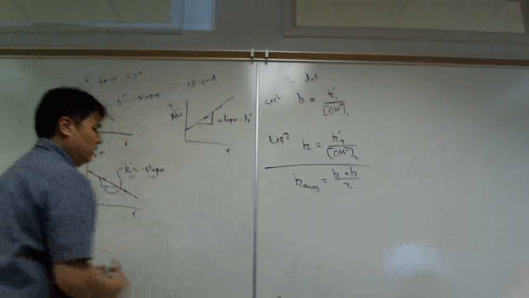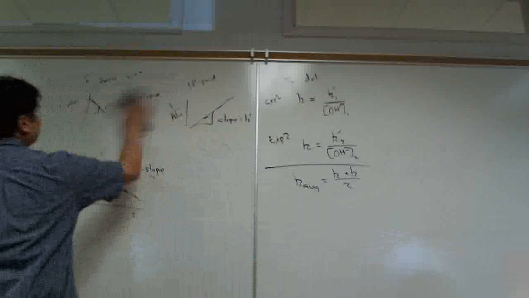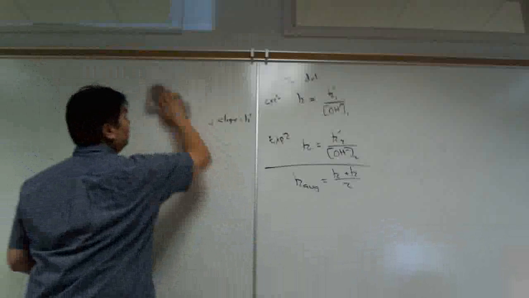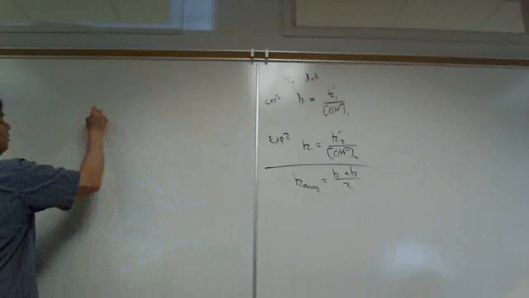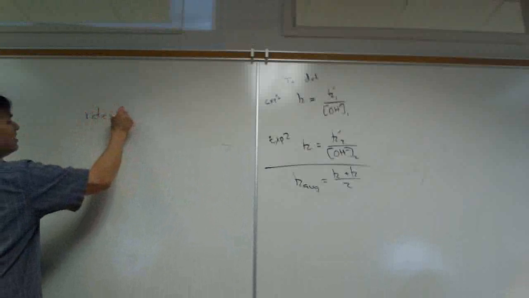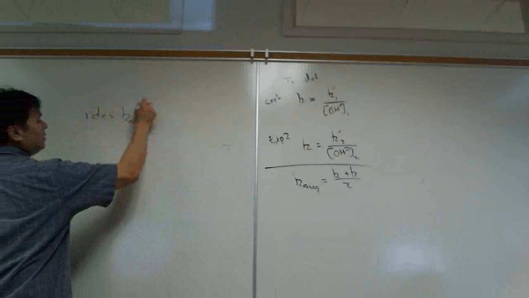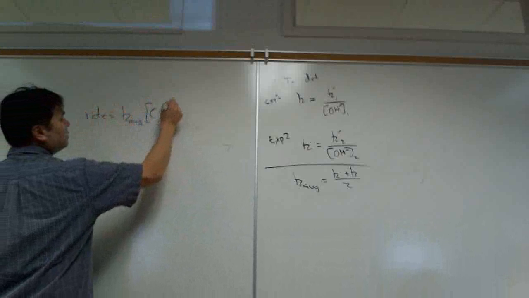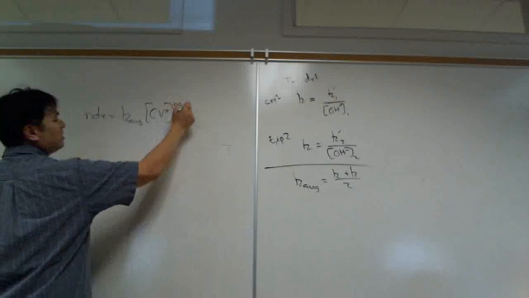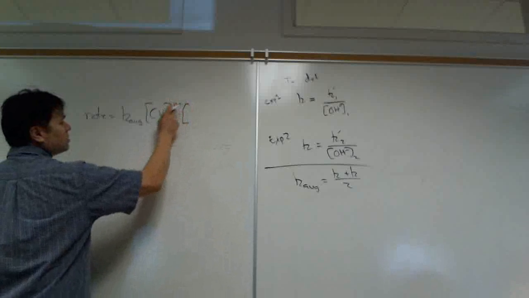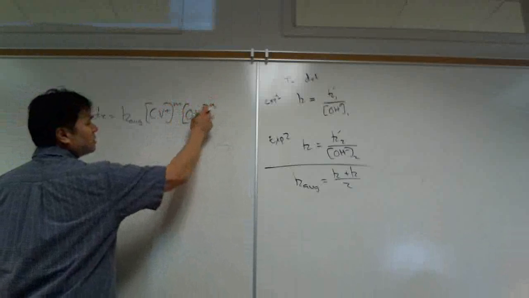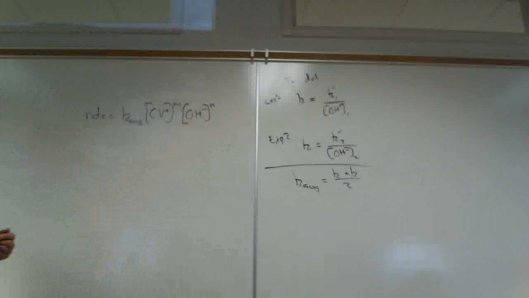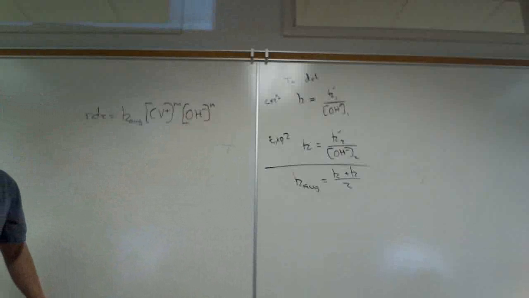And so, doing this, we should be able to generate the rate law for the crystal violet. The rate law is going to be K average times the crystal violet to the M. We get M by just looking at which plot is most linear. And the hydroxide order we get by using this modified version of the method of initial rates.